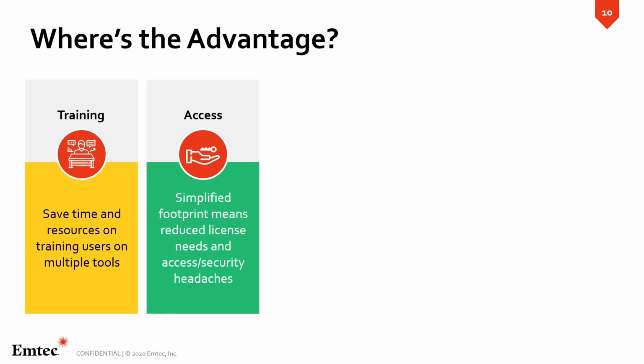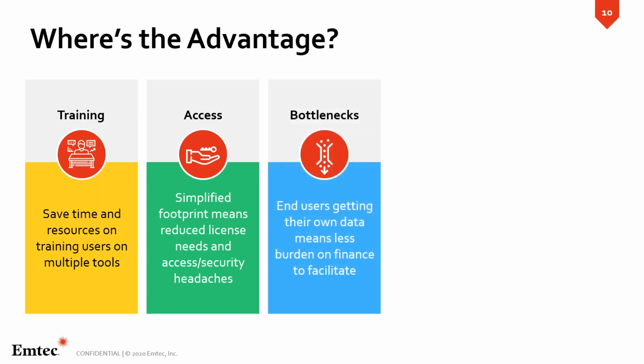A point to note here is that our tool can also leverage existing security models in place either in your ERP or EPM system. So if you have user assignments done to certain departments or certain divisions, we can leverage those in the FP&A product so that you don't have to replicate security in the tool itself. You can just maintain and manage security in one place and then have that filter through to this tool.